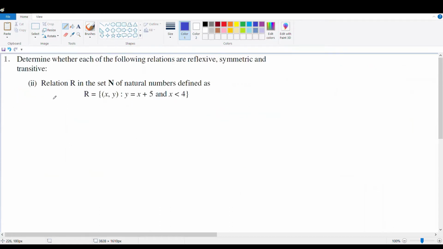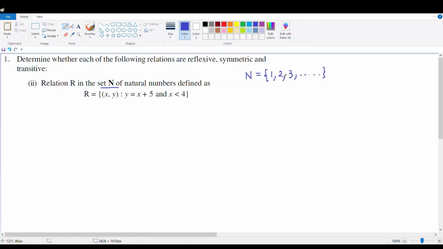Now the second part. Again, you need to check for reflexive, symmetric or transitive relation, and in this question you are given a relation R in set N, natural numbers. What is the natural number set? It starts from 1, 2, 3 and keeps on going.